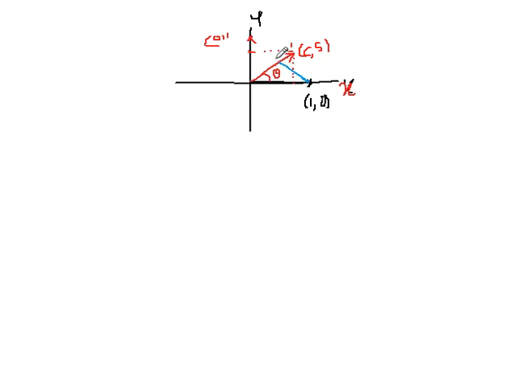Now, as it is perpendicular, this angle has to be 90 minus theta. The length of this side is nothing but the projection. And it is clear that when we project 1 0 onto this line, it does not hit our vector at the point CS.